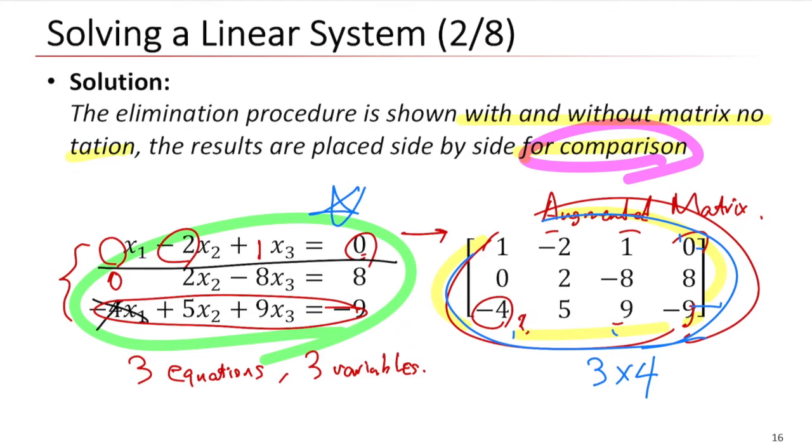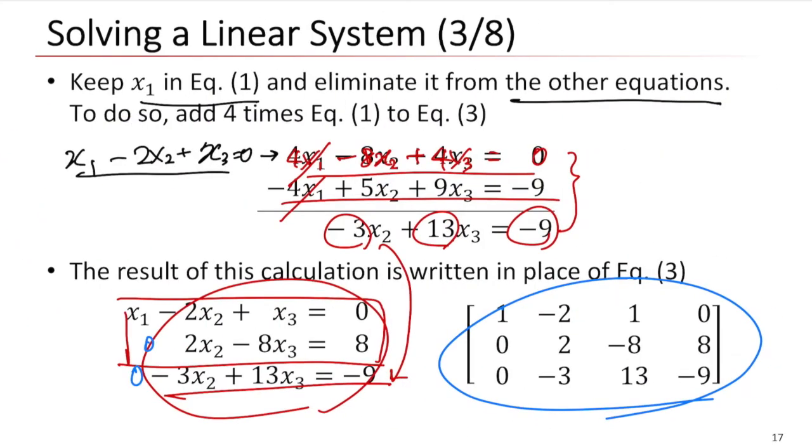We removed this x1 variable like this. So what does that mean? In this case, we just have a single variable in the first column. So we can find the solution for variable x1.